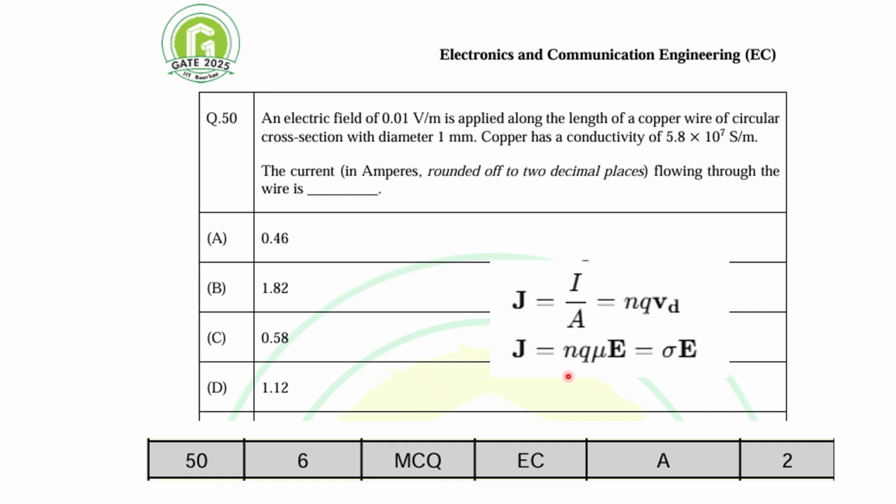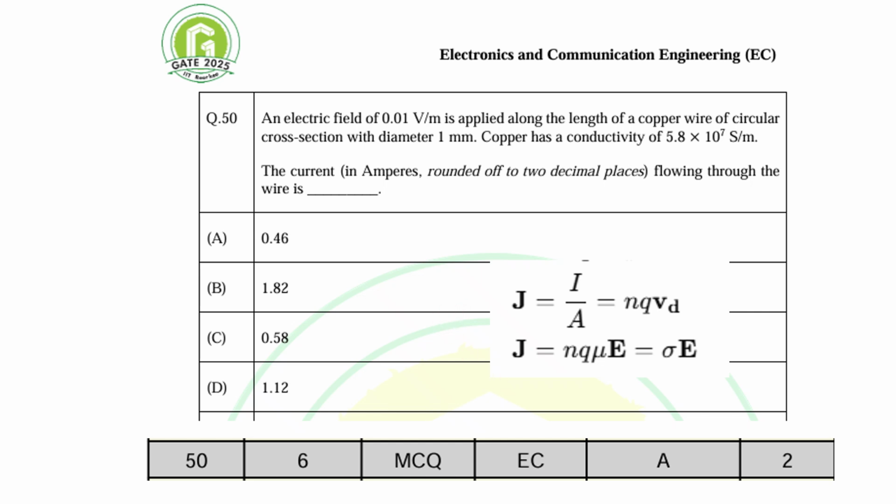Conductivity means N, Q, mu. Mu is your mobility, N is your concentration, the number of carriers, and Q is your electronic charge, that is 1.6 into 10 to the power minus 19. Our target is to find the current. This is the current density, so once we get it, we multiply with the area, and then we get the final amount of current.